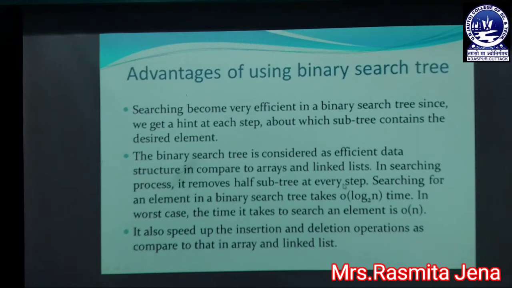If that value is less than the root node's key, then we will search the left subtree, and at the same time we will discard searching the right subtree, because this is based on the principle of binary search tree, that is, the left subtree contains less value than the node and the right subtree contains greater value than the node. That is why we discard the right subtree if the searching element is less than the node key value.